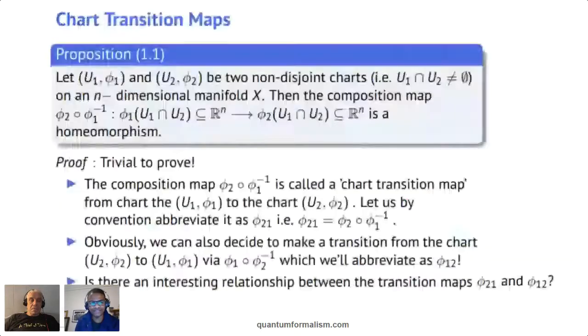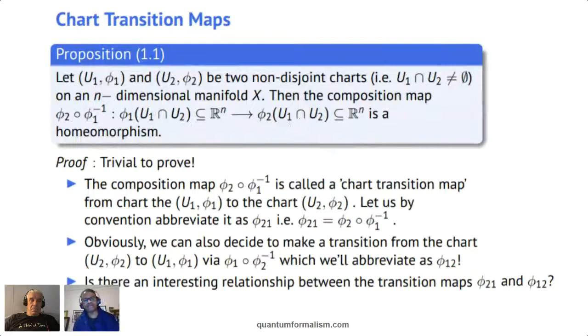You see, the first one is from this part of Rn, which is the image of phi 1 with the intersection of U1 and U2. So that's why I put it here, right? This is contained in Rn.